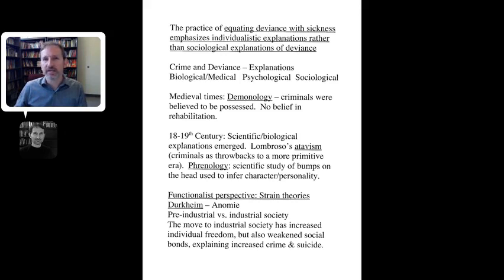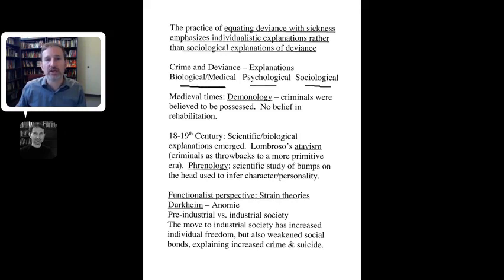One thing I like to think about is the evolution of ideas, how ideas started from one set of thought and then develop progressively from there. And your textbook also considers this, that there are many different possible explanations for crime and deviance. And you've got, for example, biological medical perspectives. You can have psychological explanations, as well as sociological explanations for deviance.